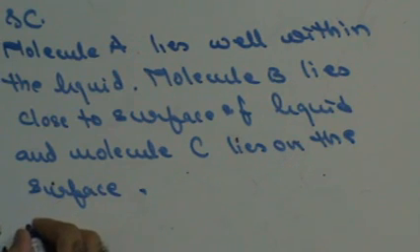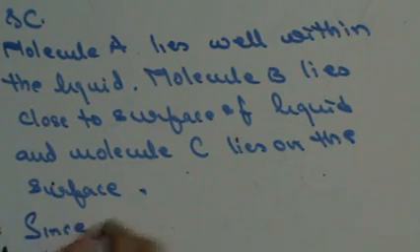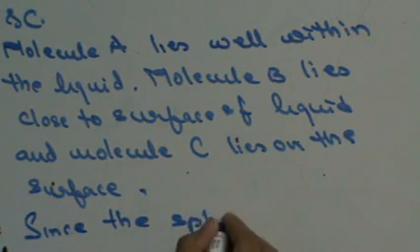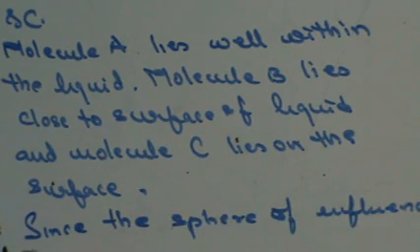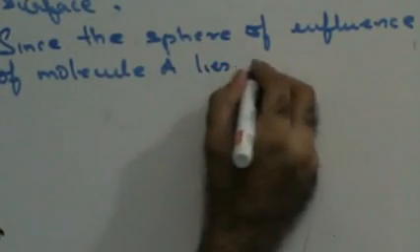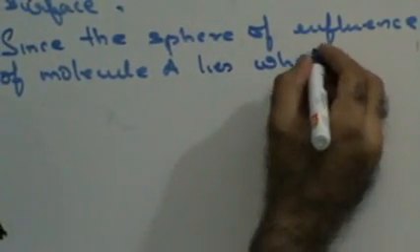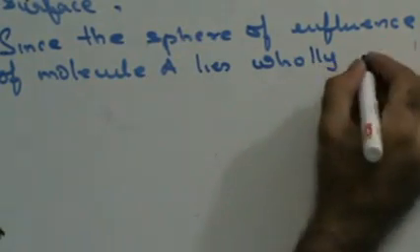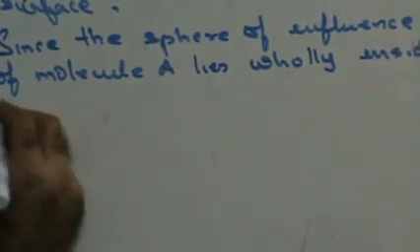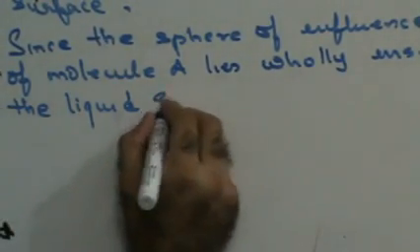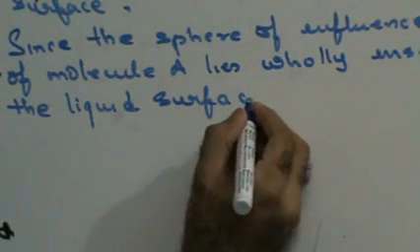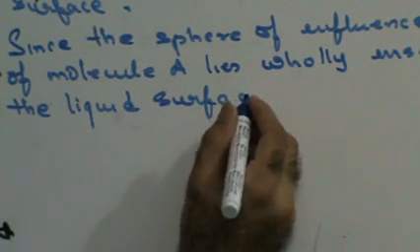Since the sphere of influence of molecule A lies wholly inside the liquid, the other molecules are symmetrically distributed around it.